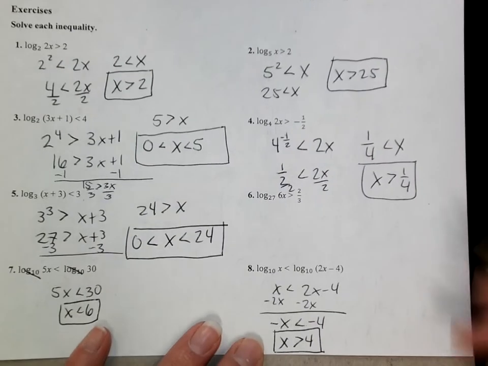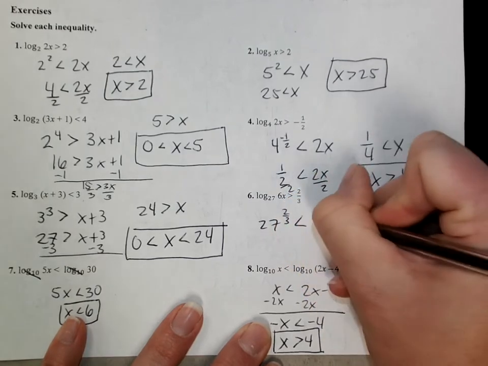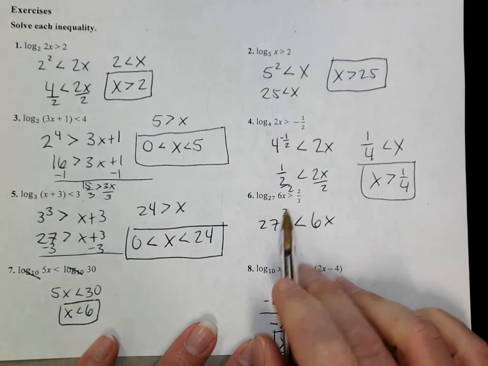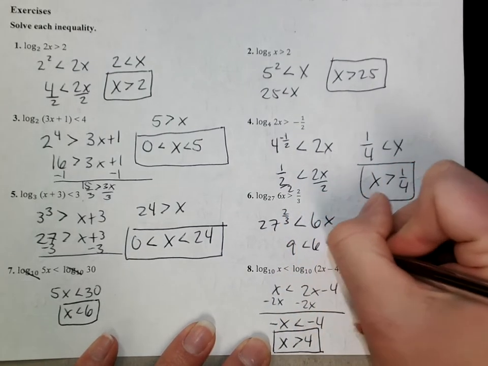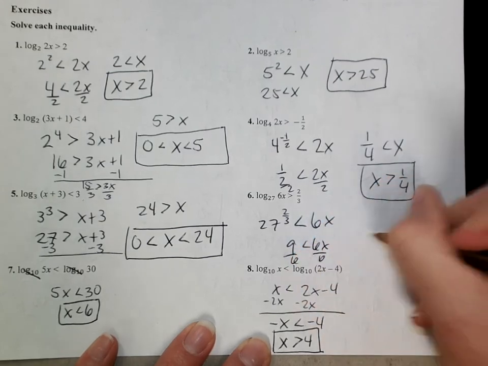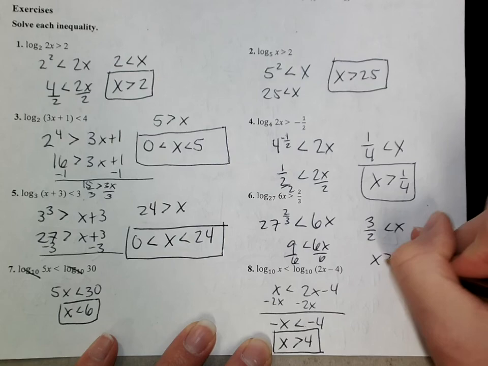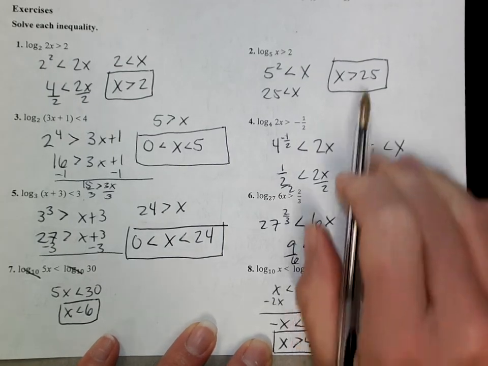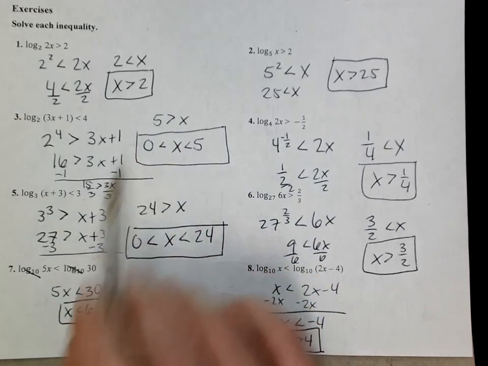Last example here, 27 to the 2/3 power is less than 6x. Again, that's the cube root of 27 squared, so that's 3 squared, 9, is less than 6x when you divide by 6 and reduce the fraction. 3 over 2 is less than x, or x is greater than 3 over 2. So again, if x is greater than, you don't have to worry about the 0. If x is less than, you really need to mention that it does need to be greater than 0.